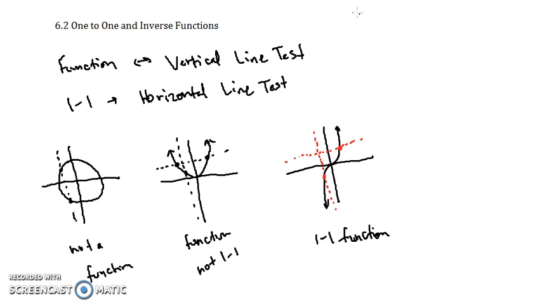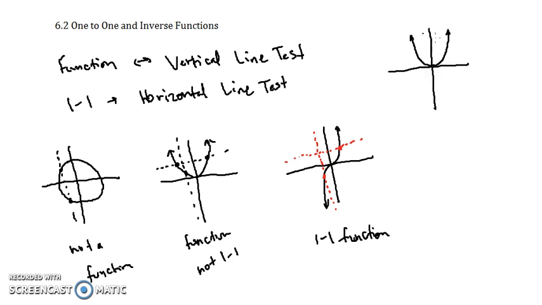Now, one thing that you'll see in the book, and it's not something that you really have to worry about too much right now, but it's something you'll get into if you keep going in math, and you'll see it in the homework sections. Let's say that we have a parabola, and we want to use this in the next section in order to find an inverse of it.